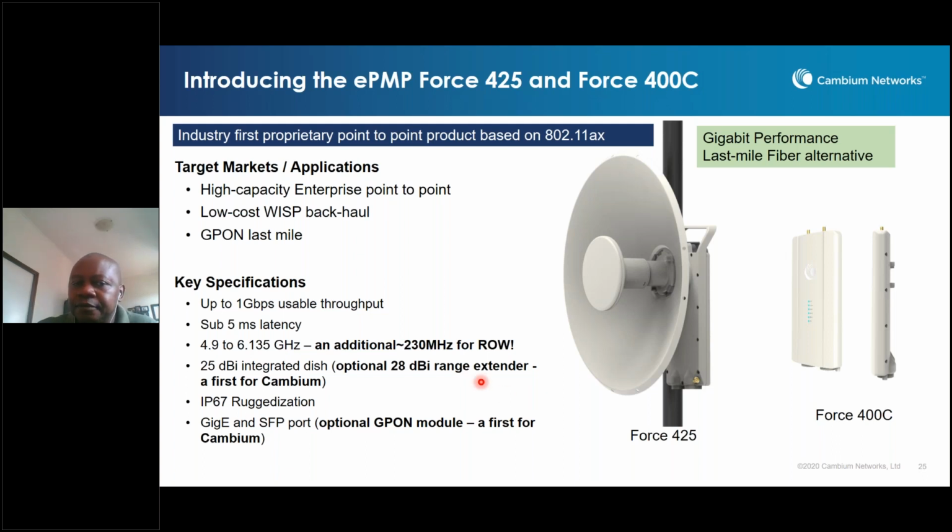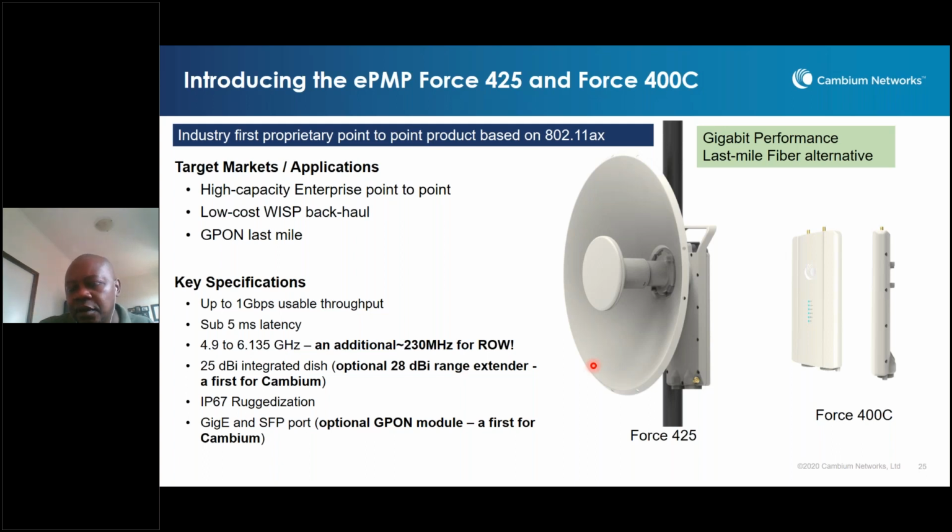It's a 5 gig radio, and it's also got what we call an optional range extender. This is a 25 dBi antenna. The optional range extender clips on the existing antenna and adds about 3 centimeters, and by that it adds about 3 dBi, so it becomes 28 dBi. So it's a way to extend.